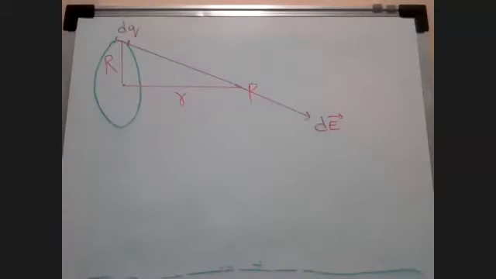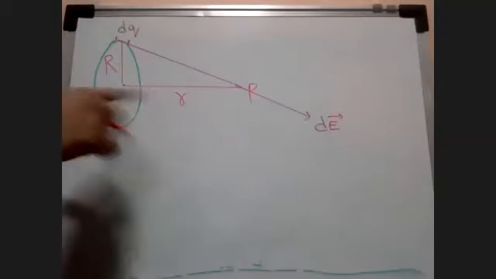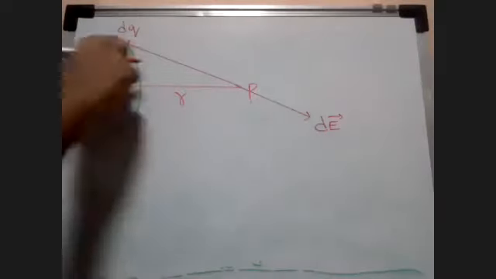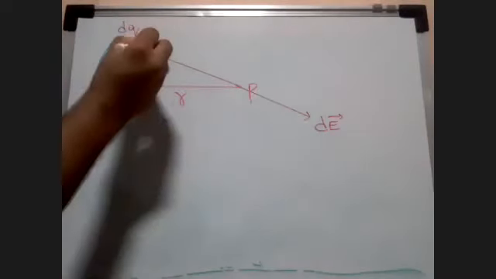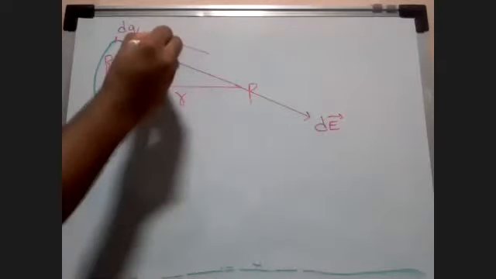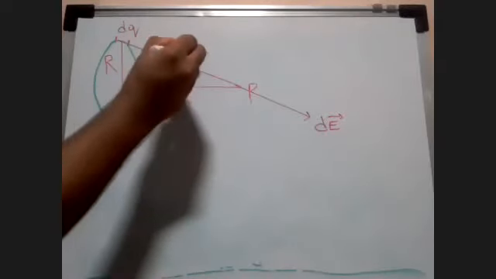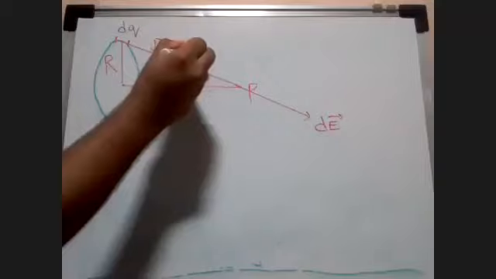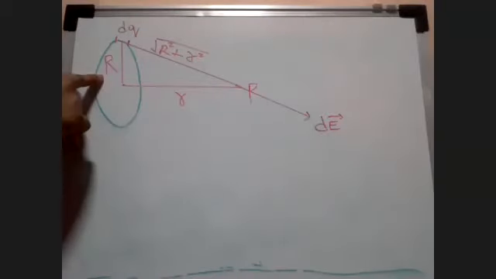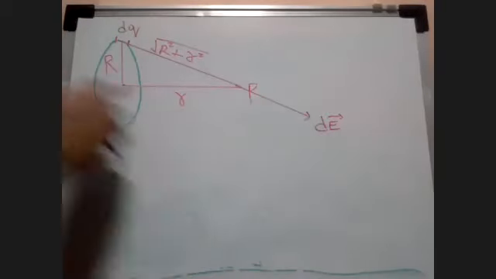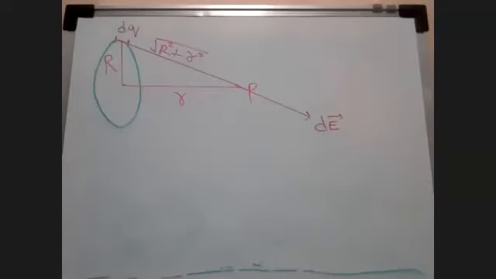It's very simple. Now we know Pythagoras theorem. The distance between these two points is basically root of capital R square plus small r square. This capital R and the small r. I hope you know that.